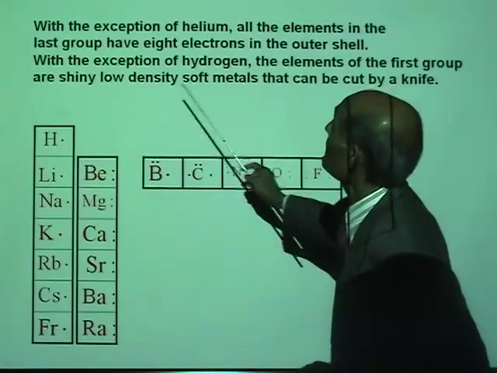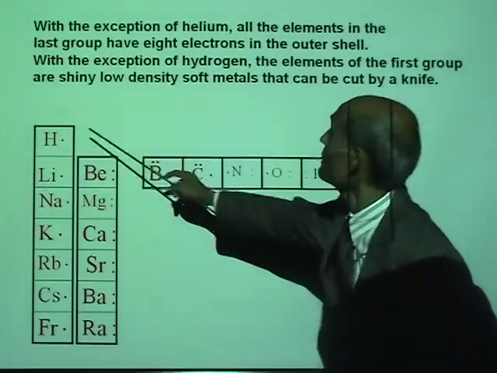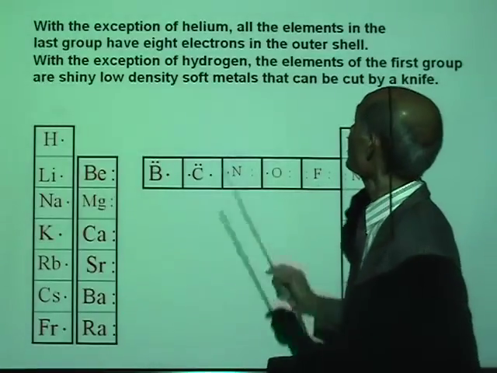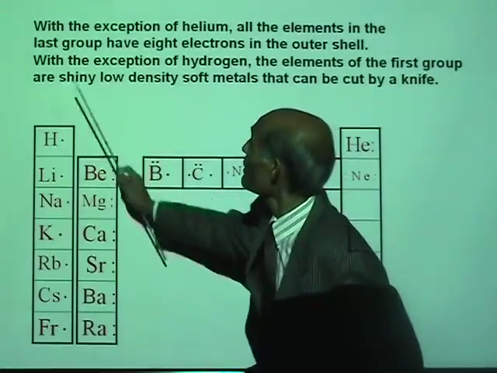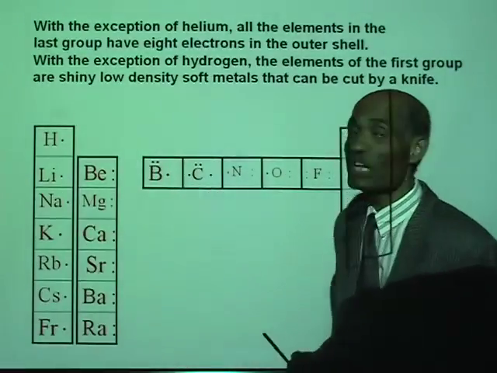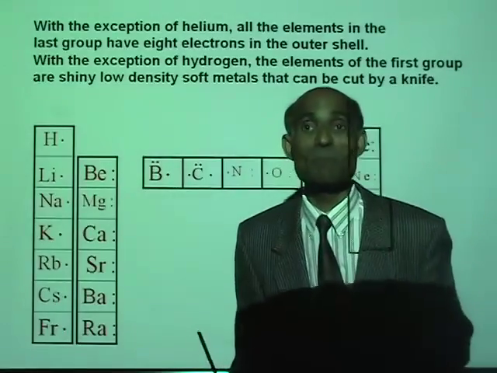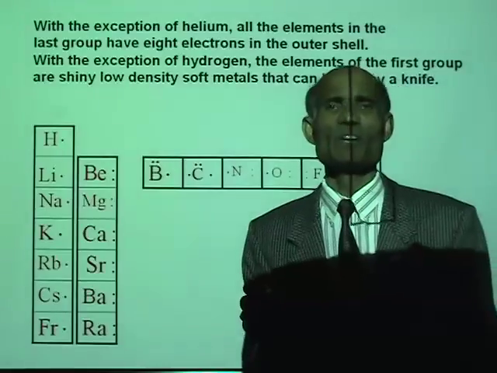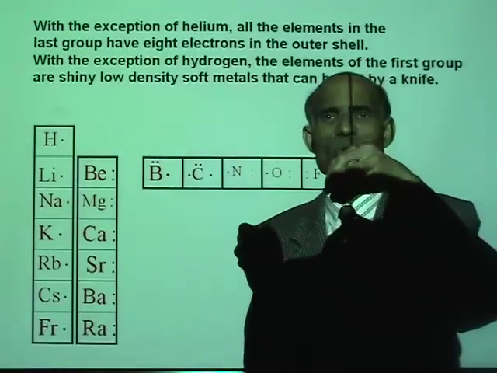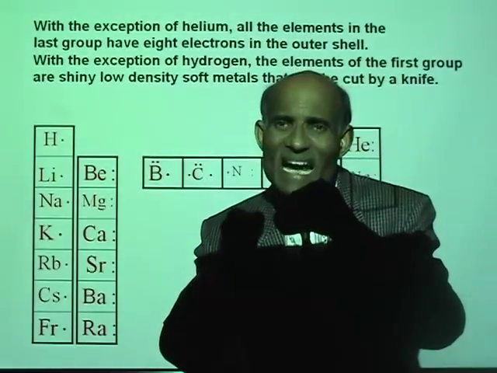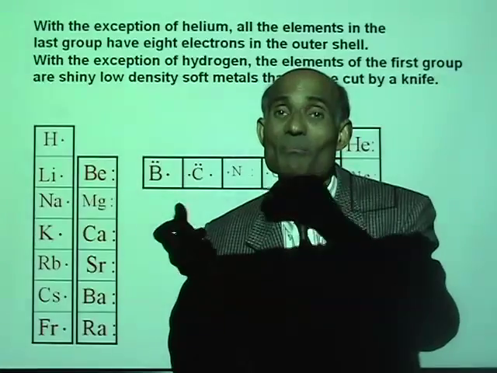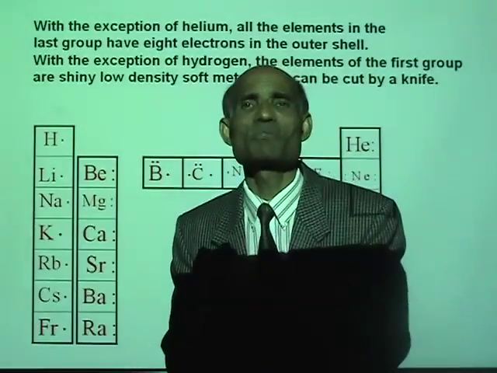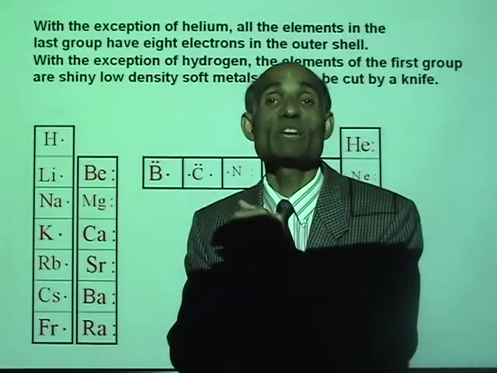Now, with the exception of hydrogen, look at the first group. With the exception of hydrogen, all the elements in the first group are shiny, low-density metals, and you can actually cut them with a knife. If you take sodium, for example, sodium can be cut like a piece of cheese. But please don't do that. Well, you cannot buy sodium from the open market anyway. It's very dangerous.